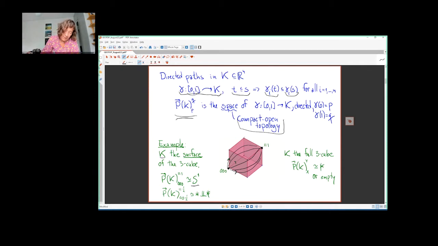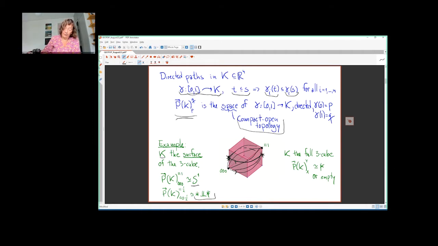But if you look at the path space from something like this point to that point, there's one path here and there's one there, up to reparametrization, so the space will be two disjoint points. So this is very different from normal, or undirected, topology, because your path spaces depend on the initial and final point here.